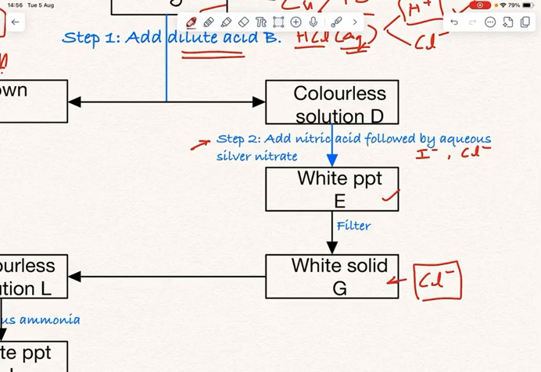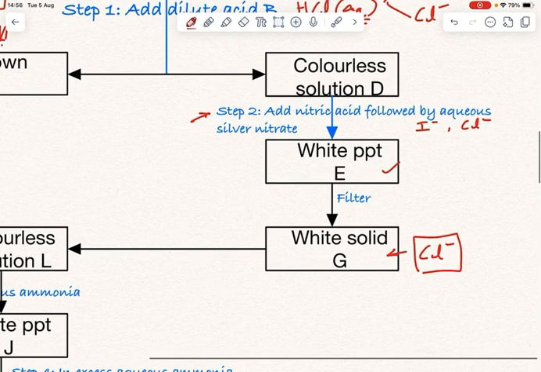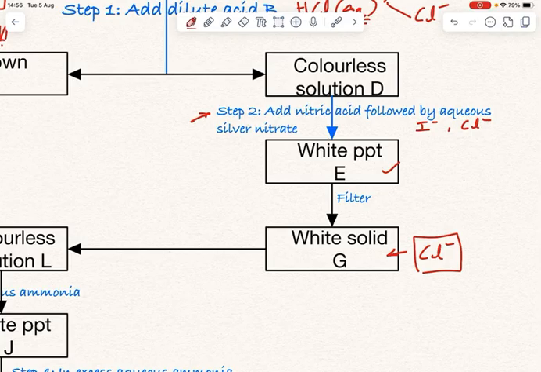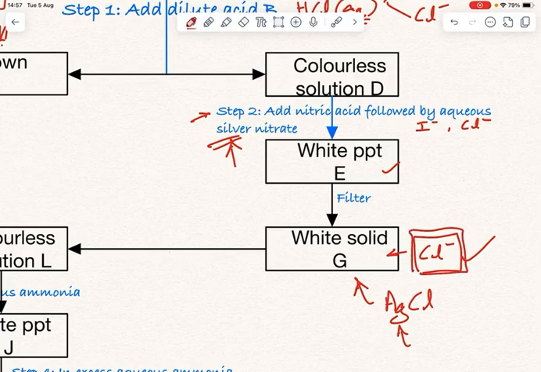So when we filter, we get a white precipitate, solid G. That means solid G must contain chloride, and it must be silver chloride. Where does the silver come from? Ta-da! You have silver nitrate. So this naughty silver gets a partner in your chloride.